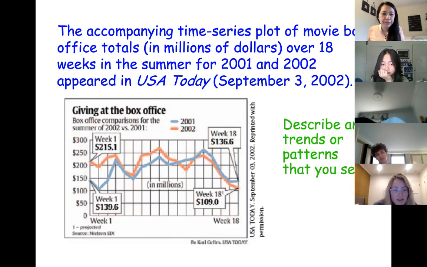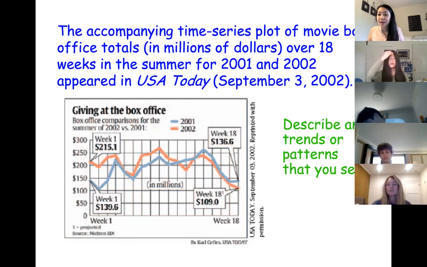I see peaks at around $240 probably, and then a little under 250, and then a little above 250. Good. In terms of time, what weeks were those peaks? Week 4, week 9, and 14. Perfect.